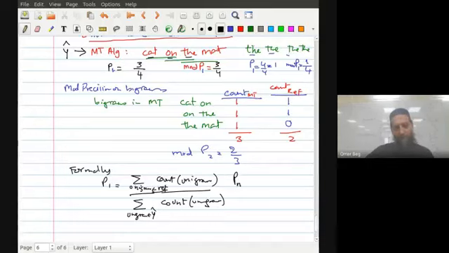So the precision for general n-gram is the sum of the count of this n-gram from amongst the y hat that appears in the reference text, divided by the sum of the count of the n-grams in y hat.